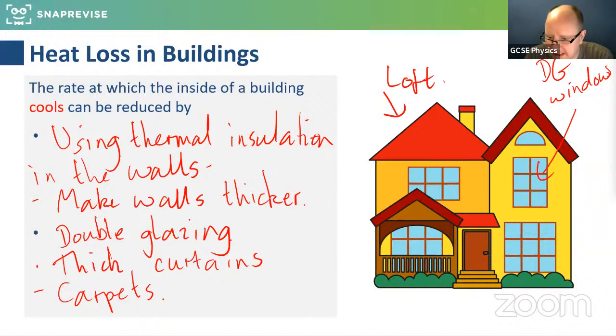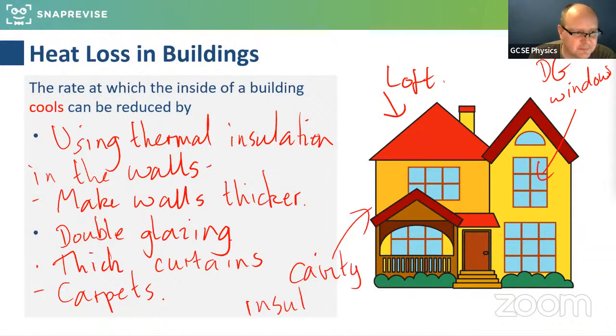Thick walls, and cavity wall insulation was mentioned. So cavity insulation in the walls. Anything which essentially is going to trap air, reduce the movement of air, particularly convection, and also anything that's going to reduce conduction is going to increase the thermal efficiency of a house and reduce the heat loss.